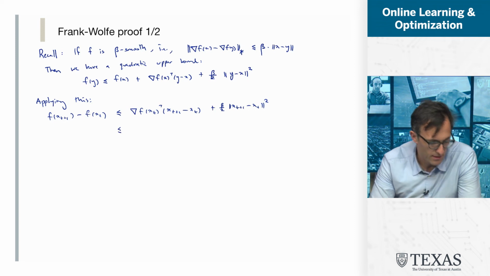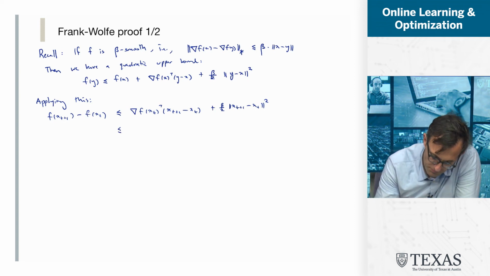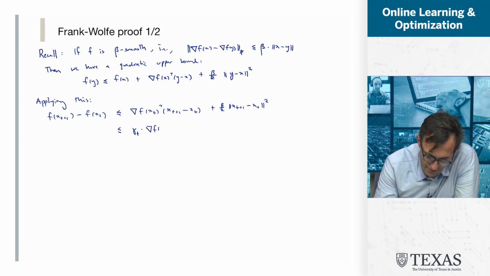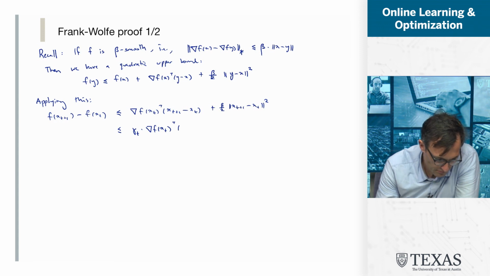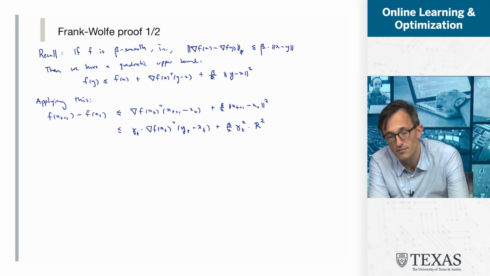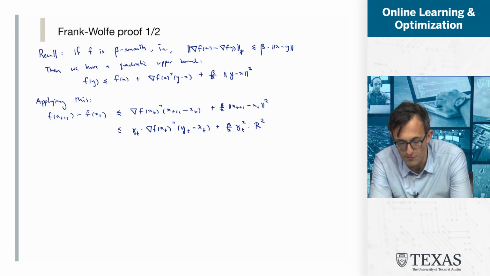Now this is less than or equal to gamma t times the gradient of f of x t transpose y t minus x t, plus beta over 2 times gamma t squared times r squared. Let's think for a second where this came from.